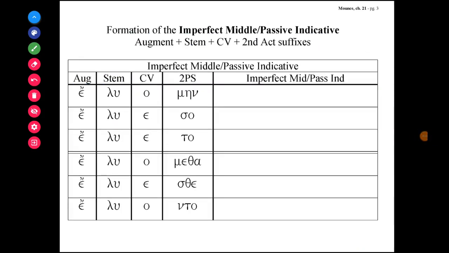If I want to form the imperfect middle or passive indicative, I use a different formula where I add an augment with the stem and the connecting vowel, and I use the secondary passive suffixes.